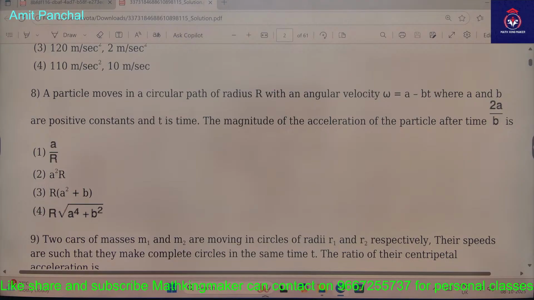I'll give you a hint. First of all, calculate angular acceleration, because angular velocity is given, so you can find angular acceleration. After finding angular acceleration, you can find tangential acceleration. Do you know the relation between tangential acceleration and angular acceleration?